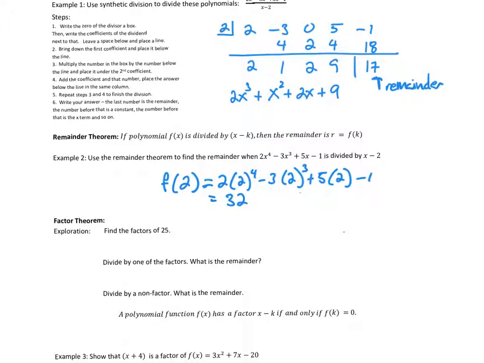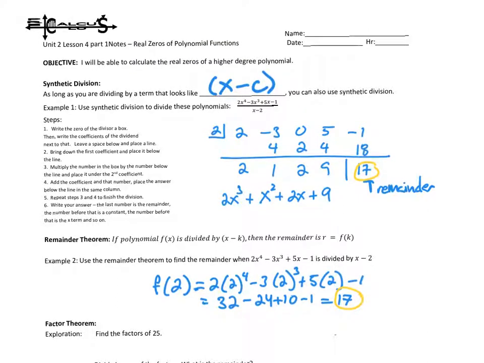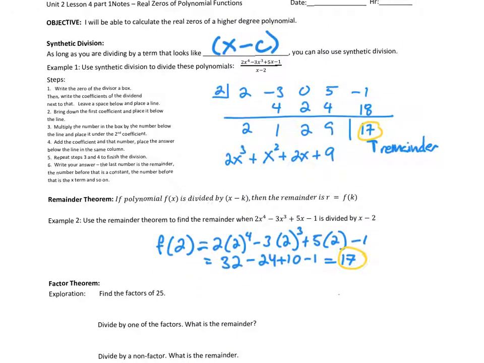Make sure you take 2, raise it to the 4th power, and then multiply it by 2. Our next term is 24. Our next term is 10. Minus 1, simplify all this, and you get 17. So, take a look here. It's the same remainder. And we did divide the same polynomial by the same divisor.